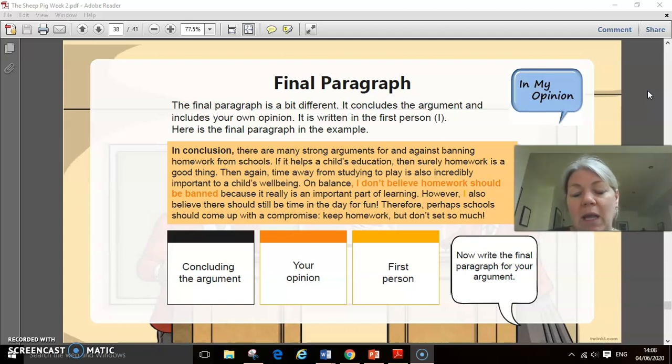That's going to be your opinion. Then the next sentence says, however, I also believe there should be time in the day for fun. So here you can see an example of first person writing. This writer has concluded, therefore, perhaps schools should come up with a compromise. Keep homework, but don't set so much.